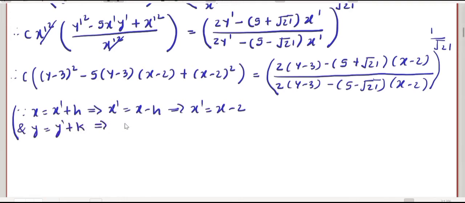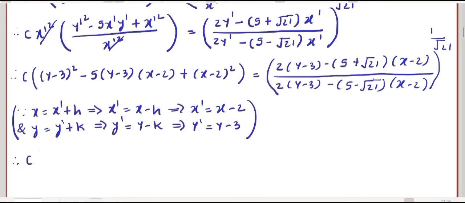So from that we get the value of y dash is y minus k, but the value of k is 3, so we get y dash is equal to y minus 3. So therefore in place of y dash we put y minus 3, and in place of x dash we put x minus 2 here. Now simplify this, we get the solution.